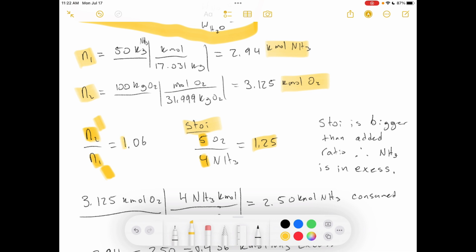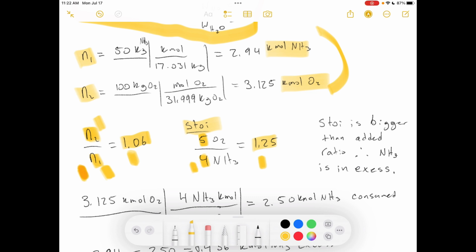We notice that our ratio from mixing these two things is 1.06. So our ratio is smaller. This number is smaller than this number. So what does that mean? It means that the bottom number here is bigger in relationship to the bottom number here.